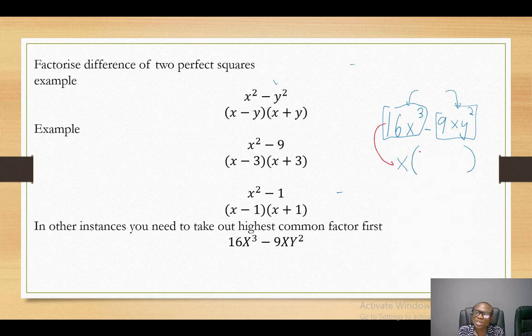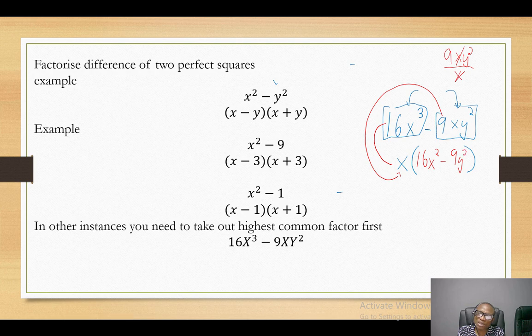So it's going to be 16x squared. Then you take 9xy squared, you divide by x. 9xy squared divided by x is going to be 9y squared. Actually, it's minus 9y squared.